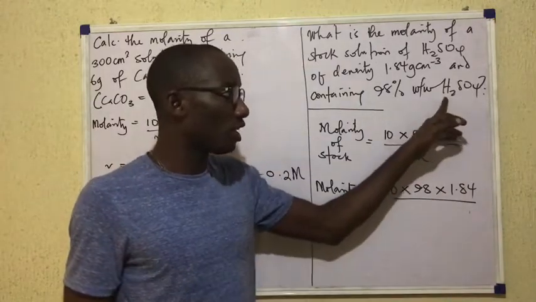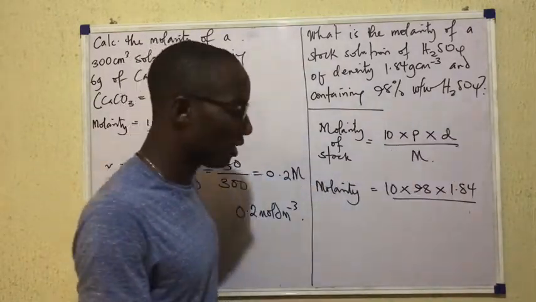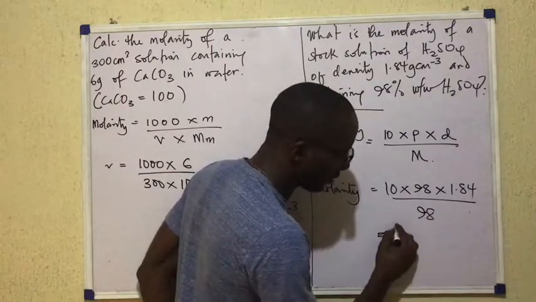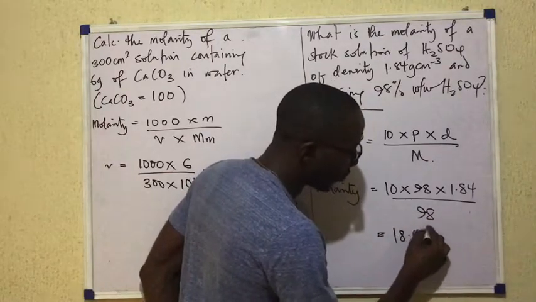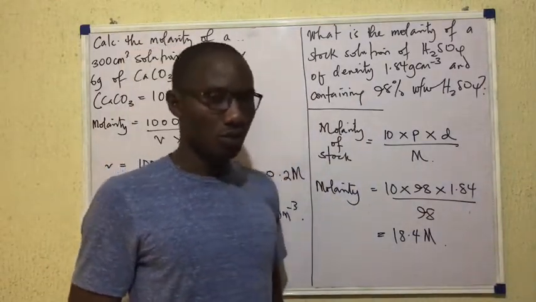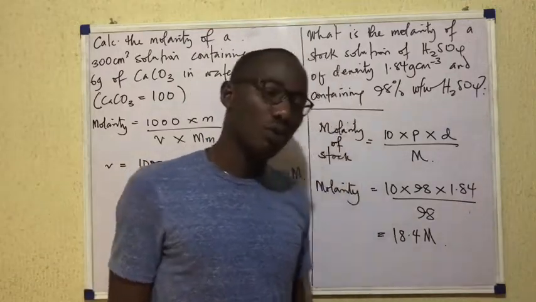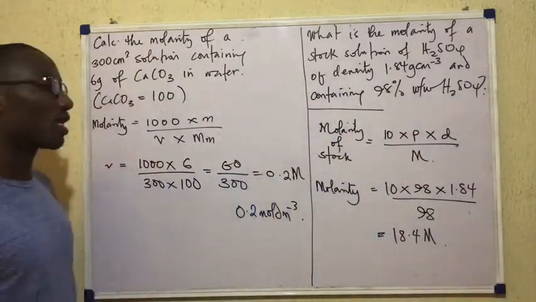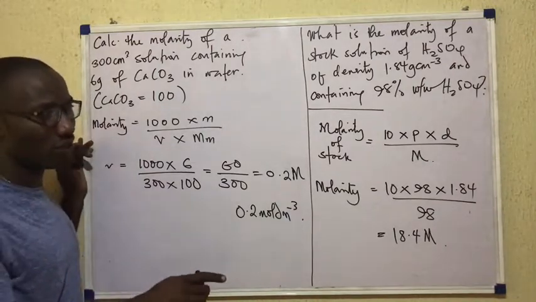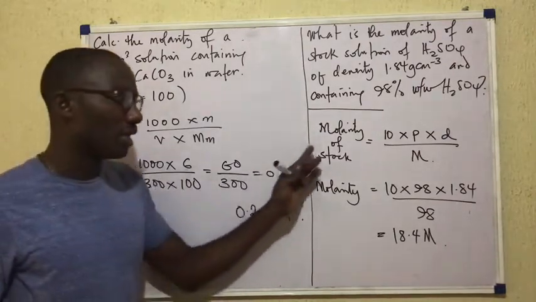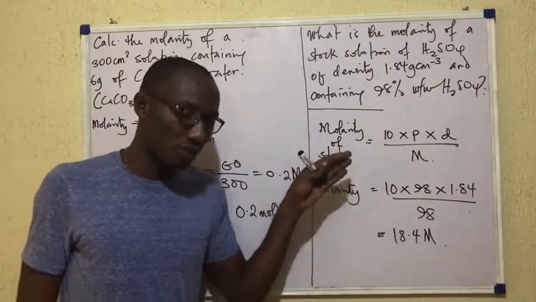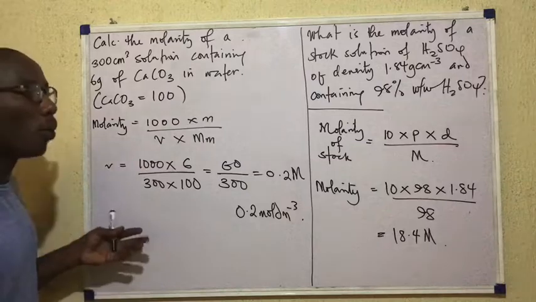If you calculate H2 plus S plus O4 you get 98, so I put 98 down here, and the molarity in this case will be 18.4 molar. That is our stock solution. So usually when we have stock solutions like that, we can calculate their molarity using that simple formula: the molarity of a stock solution is 10 times percentage composition times density over molar mass.